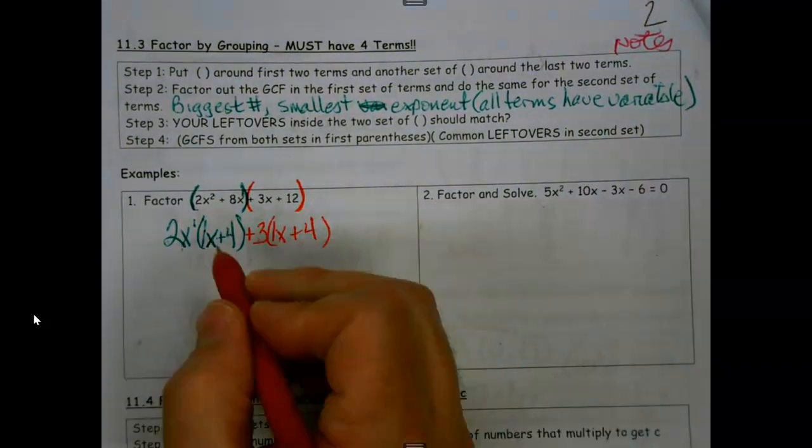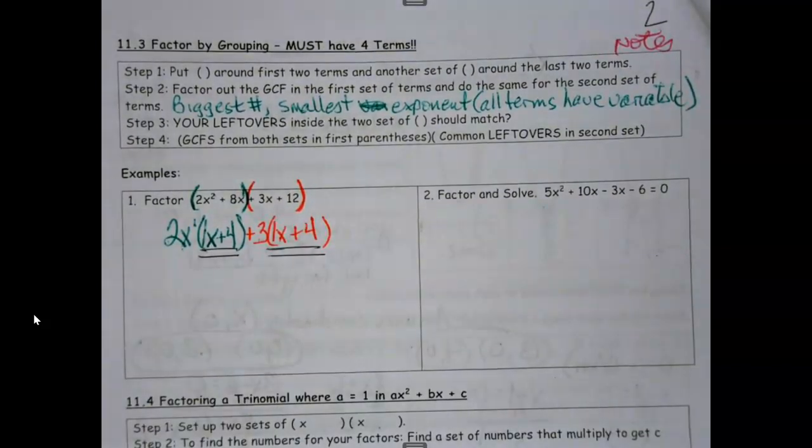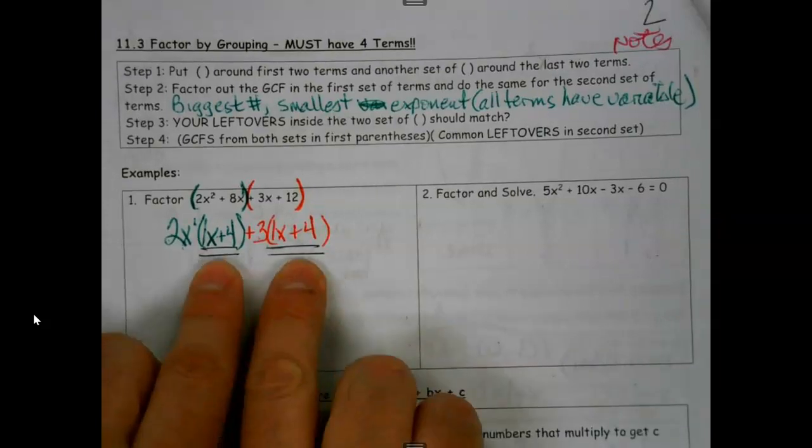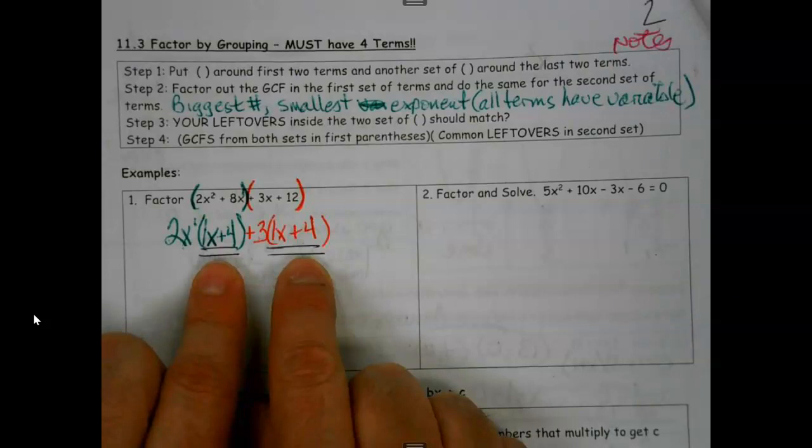Here's what we're looking for. When you get to the end, what I like to call your leftovers, your set of parentheses has to be the same. If it's not the same, if a sign's different, if a number's different, we didn't factor something out right in the first part. But if these are the same, that's what we want. And now we're almost done.